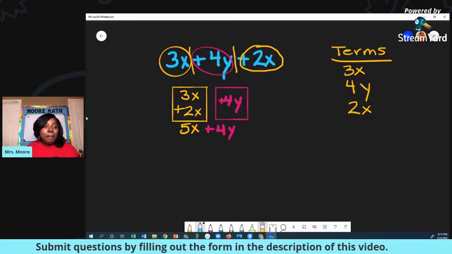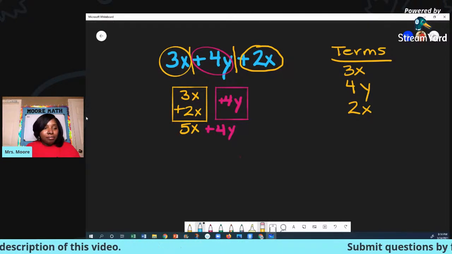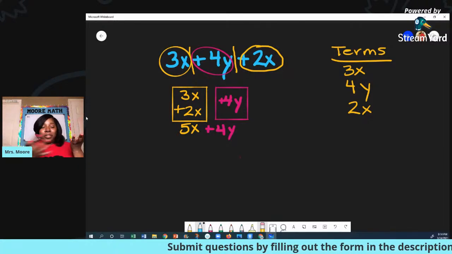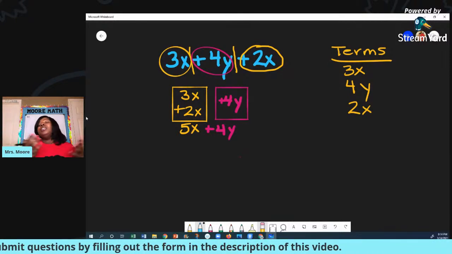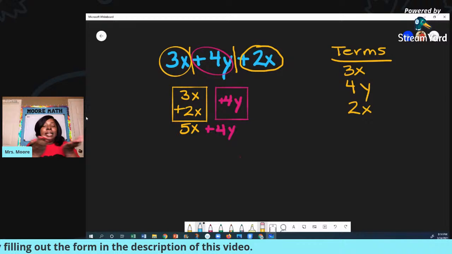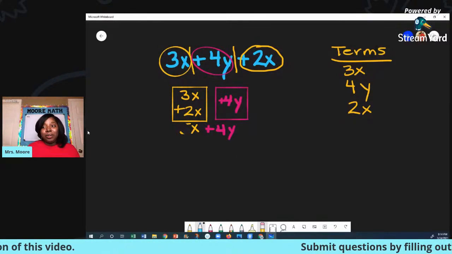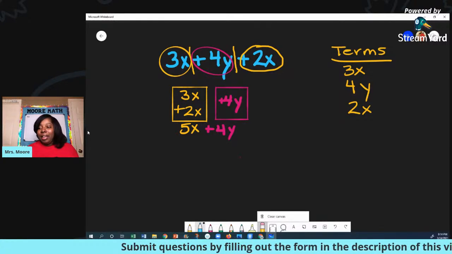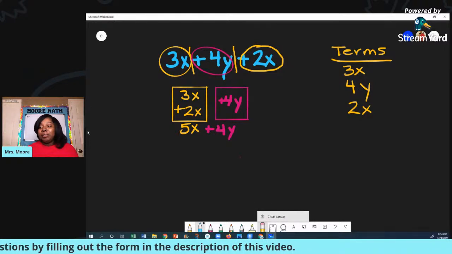If I have 5 apples and 4 oranges, do I now have 9 apples if I add them together? No, they're 2 different things. I have to keep them separate. I have 5 apples plus 4 oranges, and that's all I can do with it. Okay, so it's the same thing. You can't combine the apples and the oranges together. This is just your answer. Okay, 5x plus 4y. Okay, and so that's the basis of combining like terms.